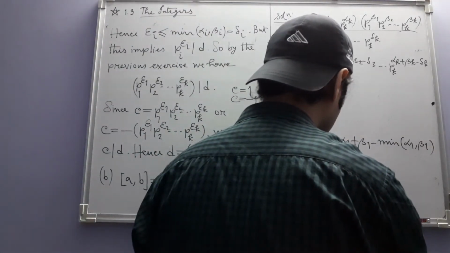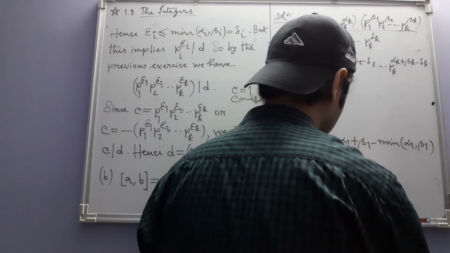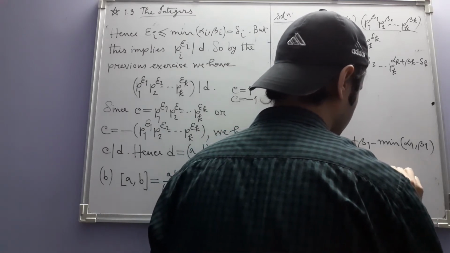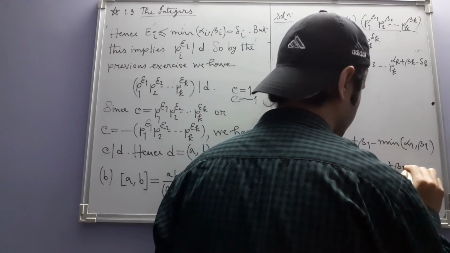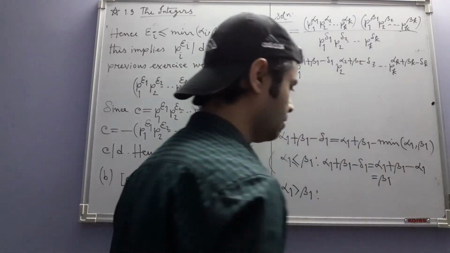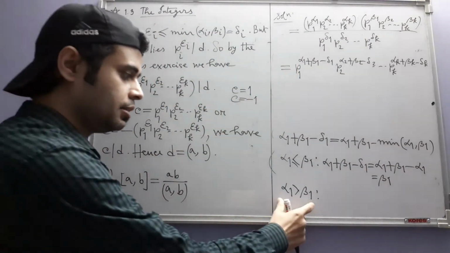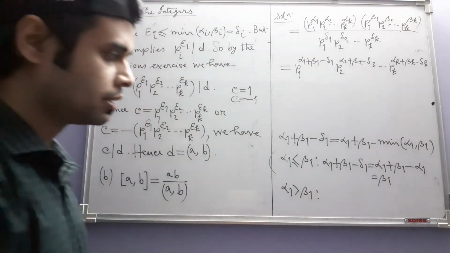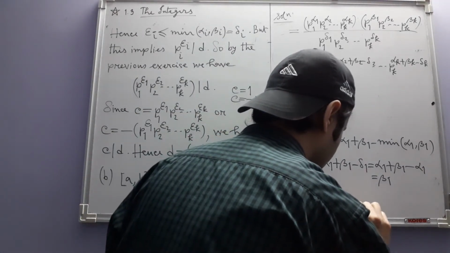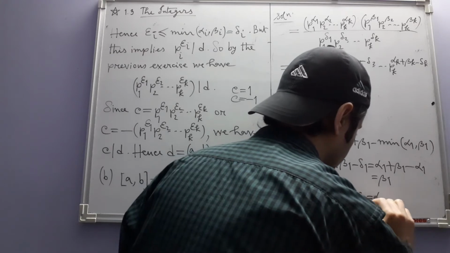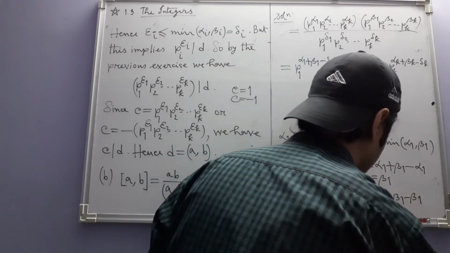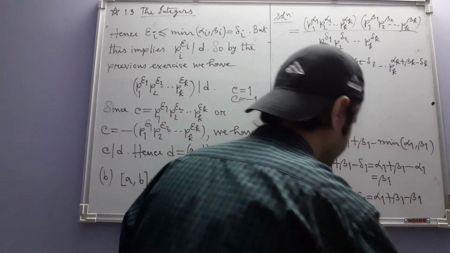So in this case, this quantity becomes alpha 1 plus beta 1 minus minimum, that is alpha 1. So this is equal to beta 1. In the other case, the minimum is beta 1. So alpha 1 plus beta 1 minus delta 1 equals alpha 1 plus beta 1 minus beta 1. So here we get alpha 1.